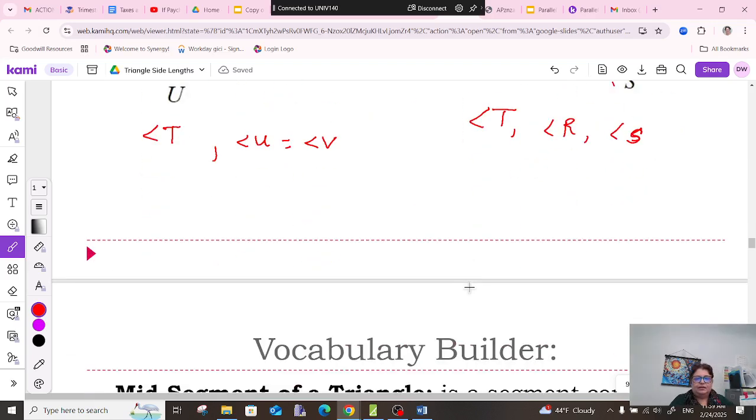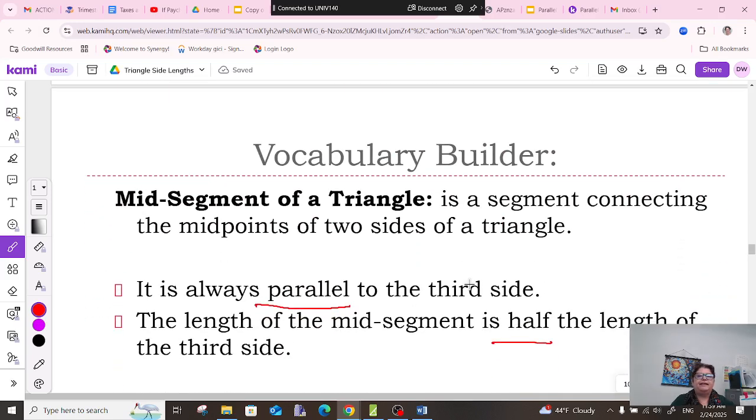Okay, this next one is called the midsegment of a triangle. A midsegment is a segment that connects the midpoints of two sides of a triangle. This segment is always parallel to the third side. Parallel lines have the same what?